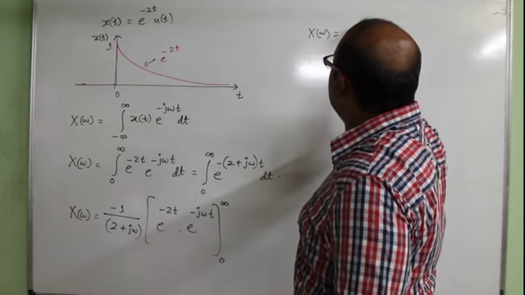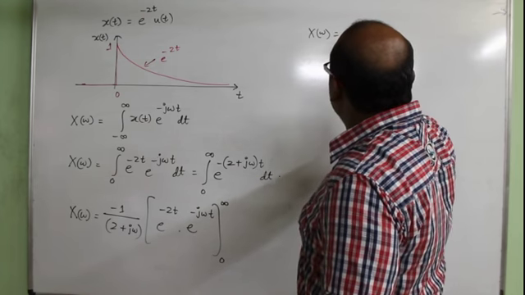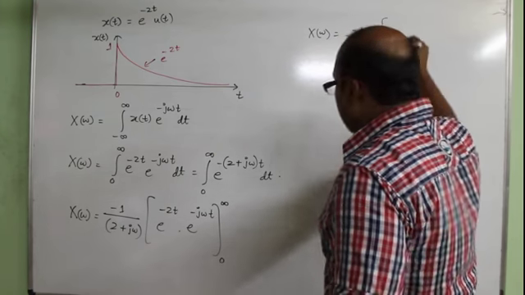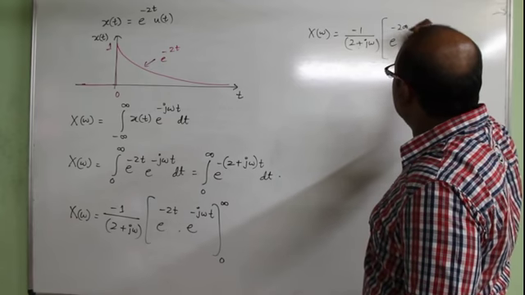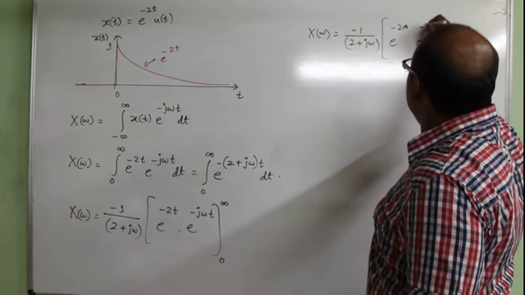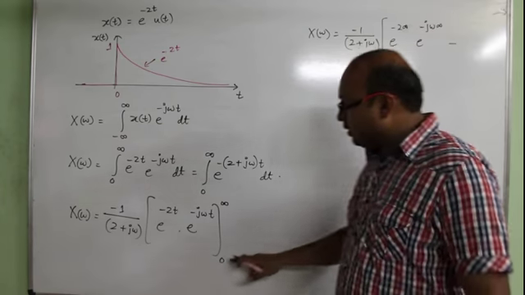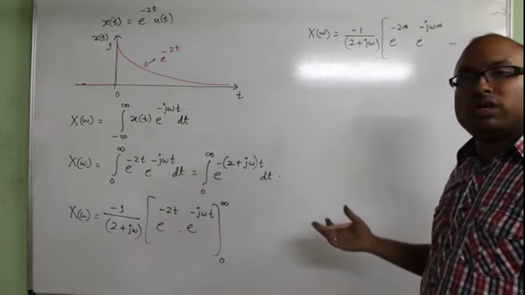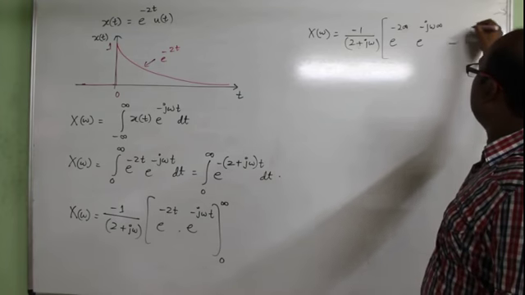X(omega) is minus 1 upon 2 plus j omega, times e to the power minus 2 into infinity, e to the power minus j omega infinity, minus, see, the lower limit is 0, so e to the power 0 is 1.